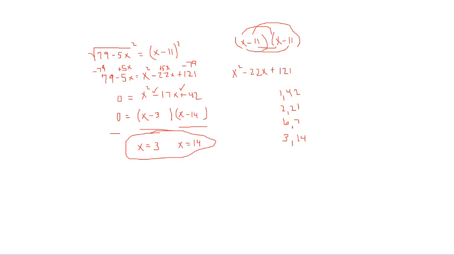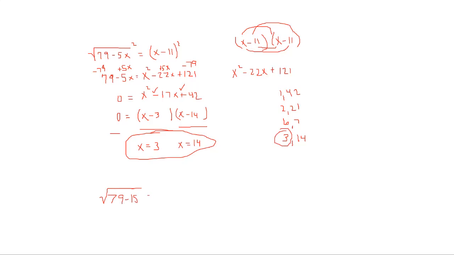It gave us the 14, right? But did it give us the 3? It did not give us the 3. So let's go back and take a look and see what the issue is. We've got the 14. For some reason, it did not take the 3. Well, the square root of 79 minus 15, now where did the 15 come from? I'm letting x equal 3.